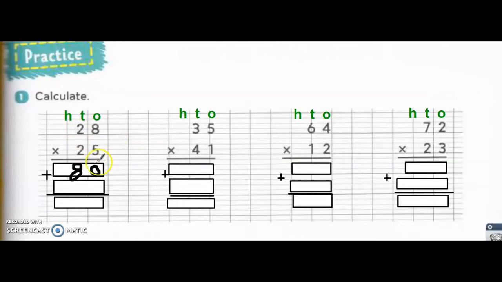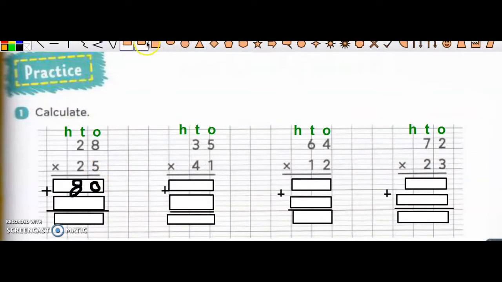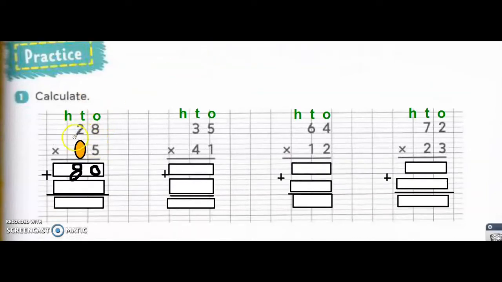Why? Because when I'm multiplying with the 5, I hide number 2 so that I have to multiply 5 times all of 28. Not only 5 times 8 and 2 times 2. 5 times 28, all of it.